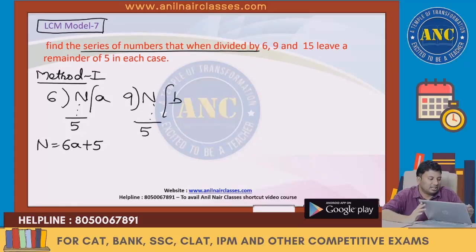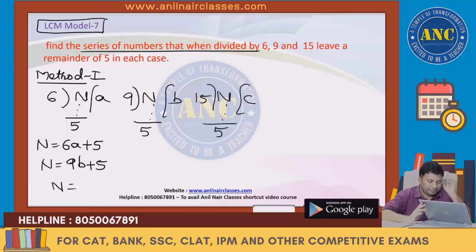N is nothing but 9b plus 5. Then there is another number which is divided by 15, which will give remainder 5. So n is nothing but 15c plus 5.